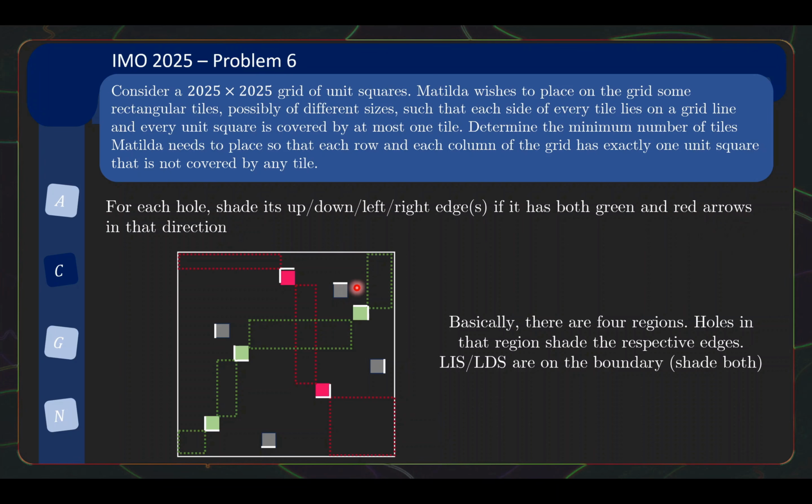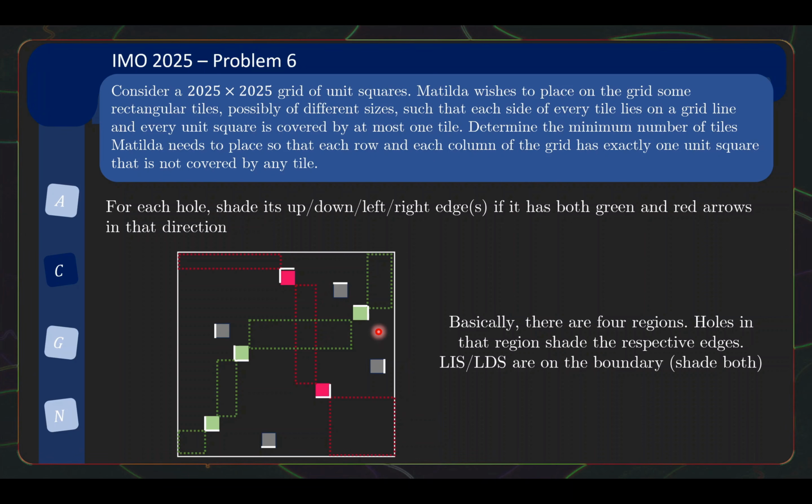For example, this hole over here: on the green diagonal, it will have been given an up green and a left green. On the red diagonal, it will have been given an up red and a right red. So only the up direction has both red and green, and therefore it is unambiguously defined to shade its up edge.